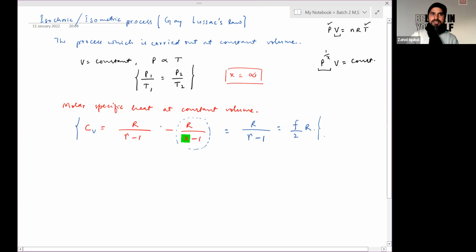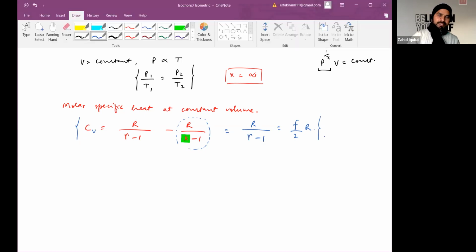Now, related to this process, since we have constant volume, let me define you indicator diagram.